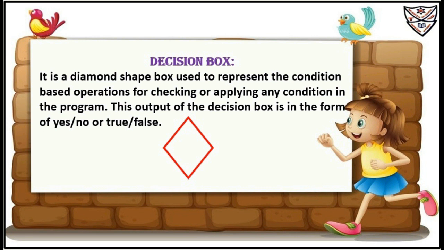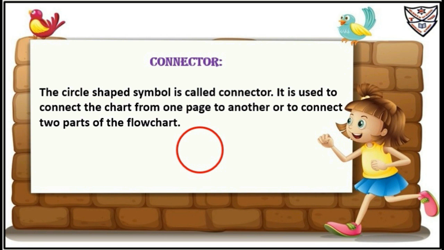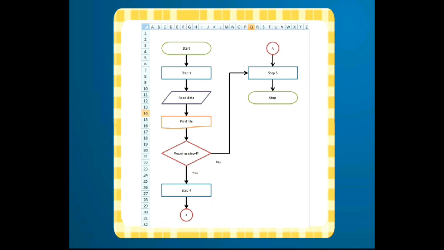It is a diamond-shaped box used to represent condition-based operations for checking or applying any condition in the program. The output of the decision box is in the form of yes or no, or true or false. Connector. The circle-shaped symbol is called a connector. It is used to connect the chart from one page to another or to connect two parts of the flowchart.